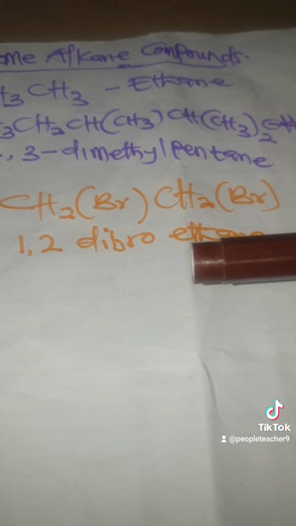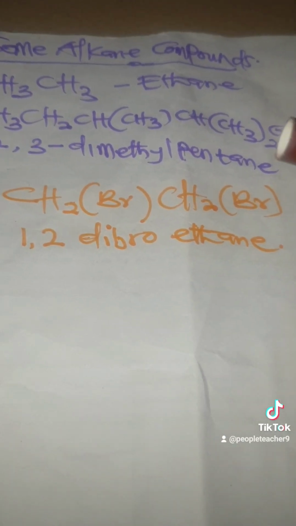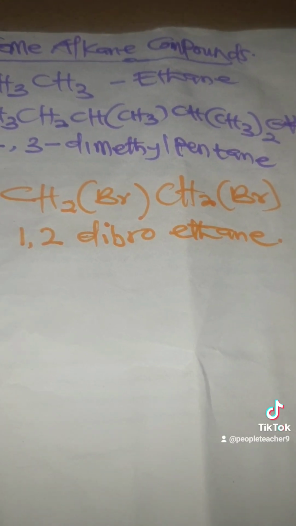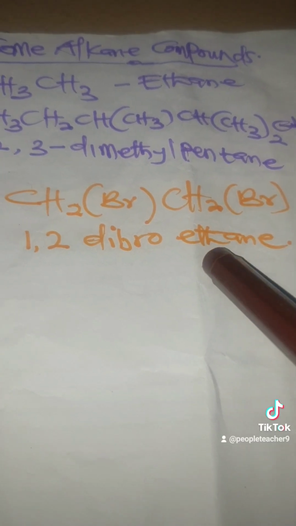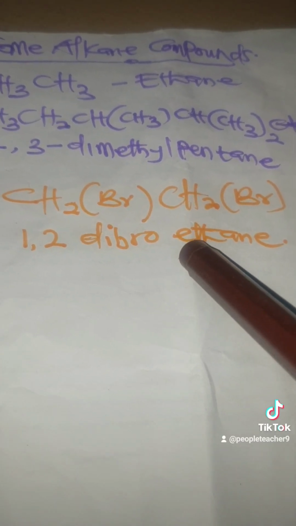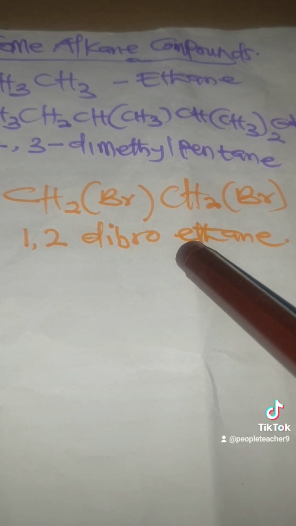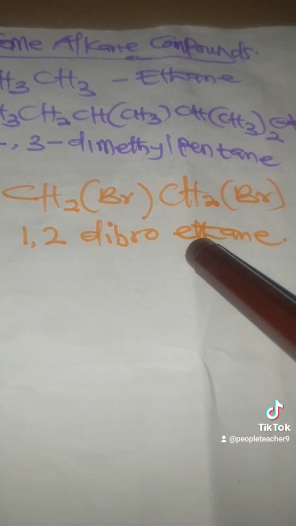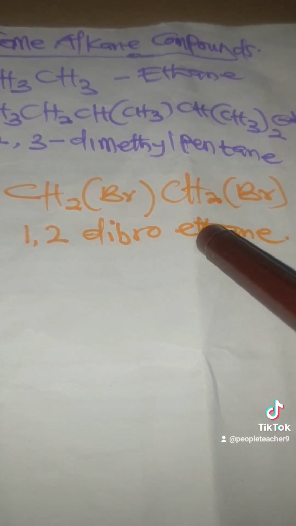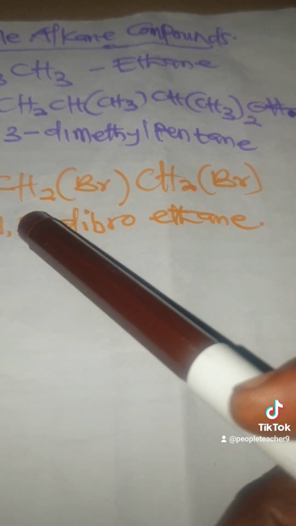And let's look at the number 3. The number 3 is what? 1,2-dibromoethane. The ending part of the compound's name tells us that it is a 2 carbon chain compound. So ethane tells us that there are 2 carbons involved.